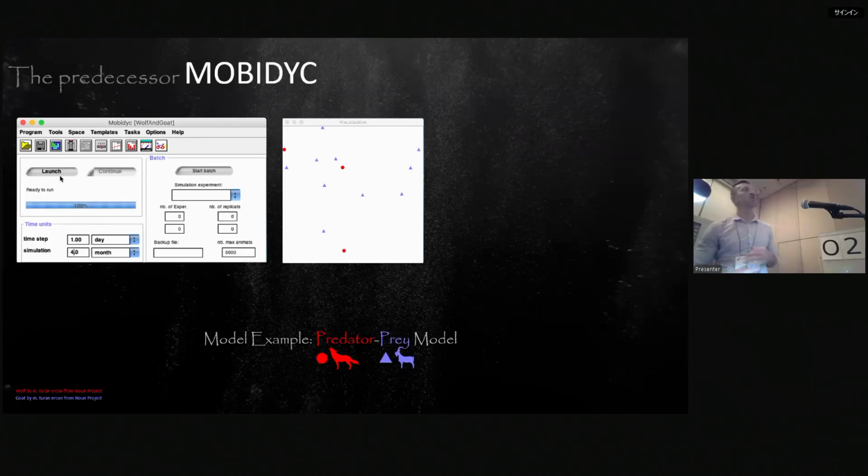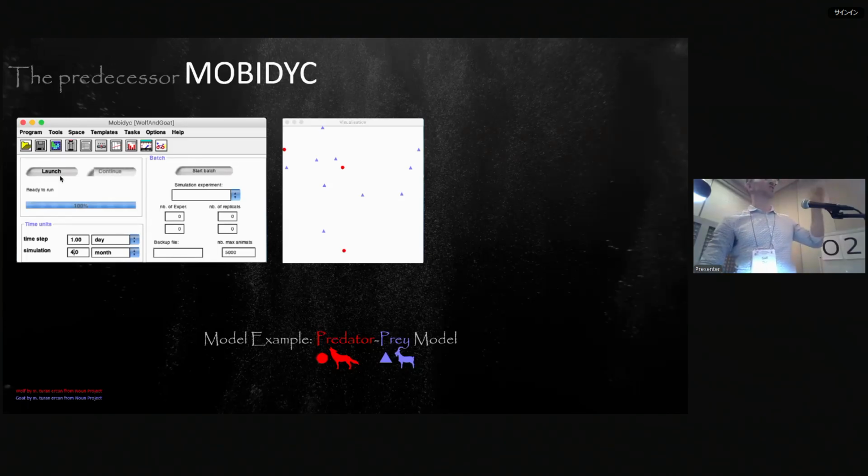So for example, here is a typical example in modeling the predator-prey model, right? Here I use wolf and goat, but you can use, of course, copepod and fish larvae. What you can try to answer with this model is, how long would it take for those three wolves to actually hunt and eat all those goats, or fish eating copepods?